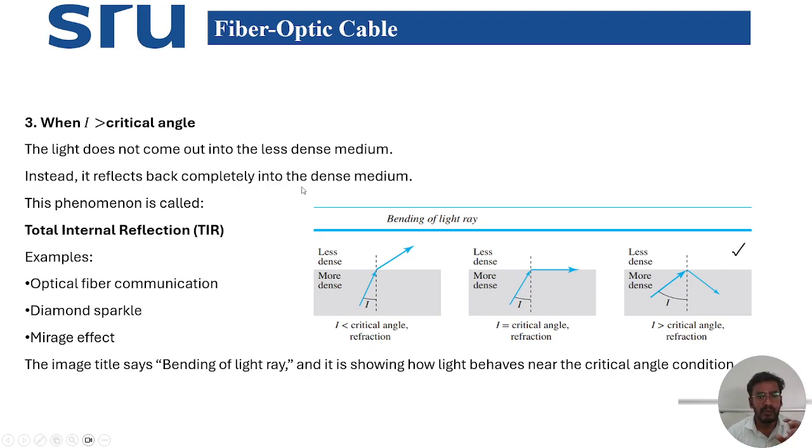Instead, it is reflected completely back into the dense medium. This phenomenon is called total internal reflection, simply called TIR. Examples are optical fiber communications, the diamond sparkle, and the mirage effect. This image shows the bending ray effect.